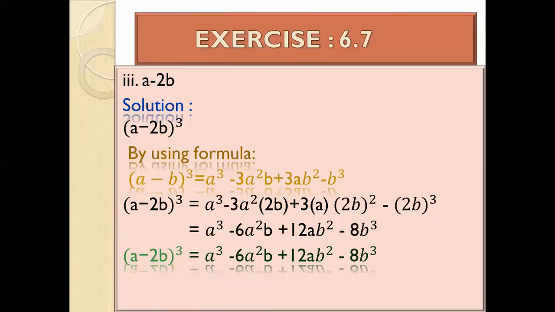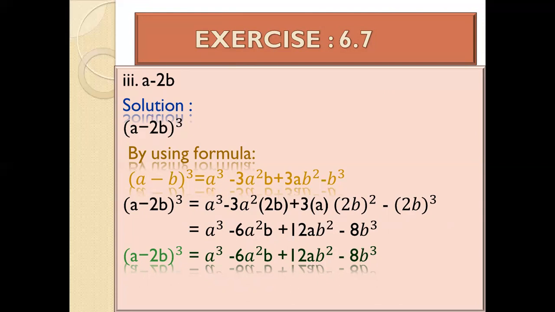Minus formula. a minus b whole cube is equal to a cube minus 3a square b plus 3ab square minus b cube.